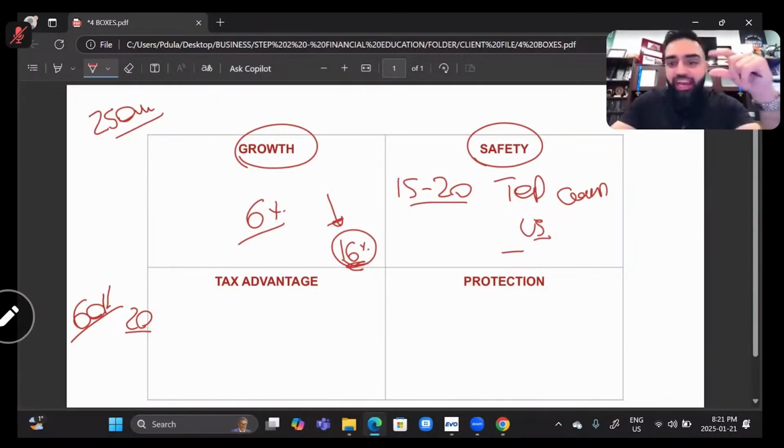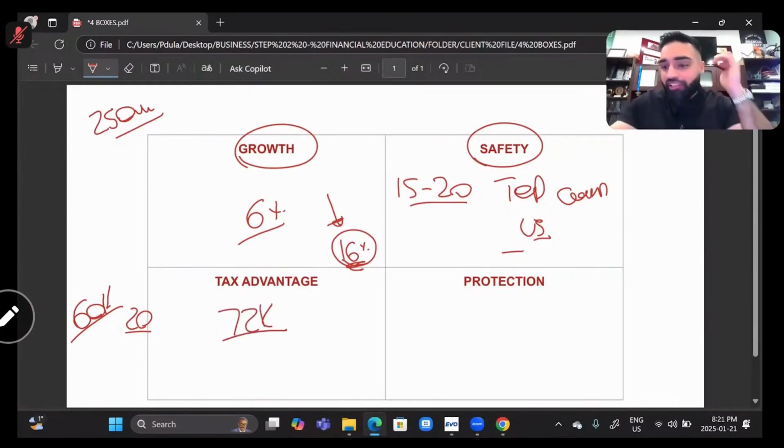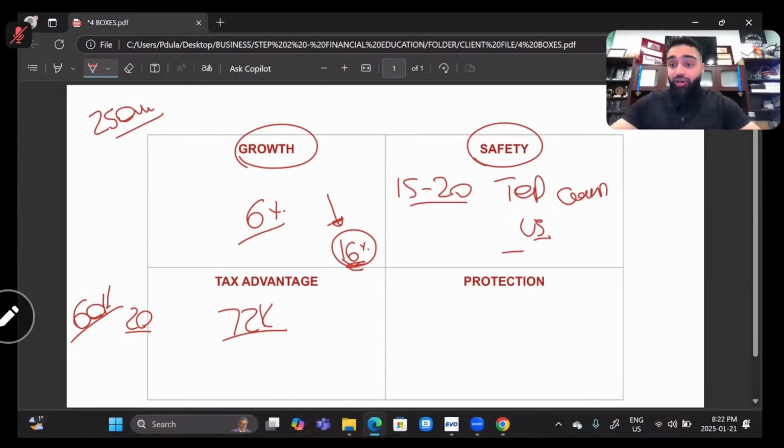Harman, how much did they have based on 6% in this account? Sorry, could you repeat that question? How much did they have based on 6% in 20 years? 72,917. $72,000. So they put in $60,000 and they have $72,000, more money than they ever put in.